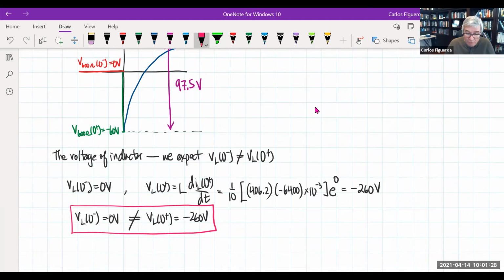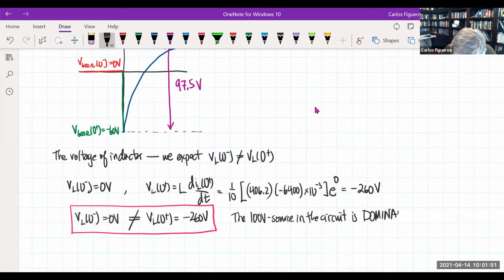For a brief moment, what you want to see here is that the 100 volt source in the circuit is dominated by the inductor voltage of minus 260 volts.